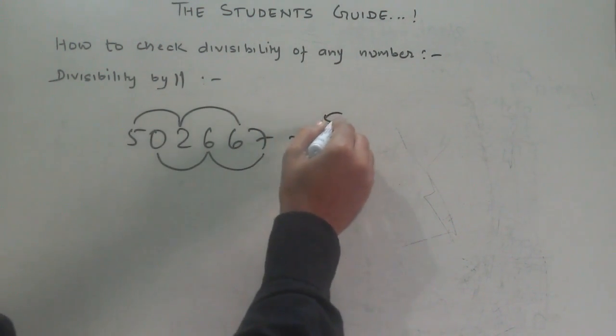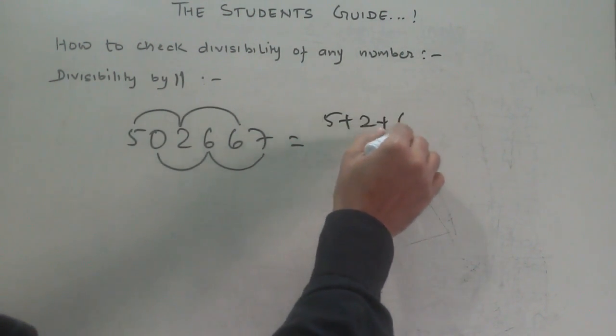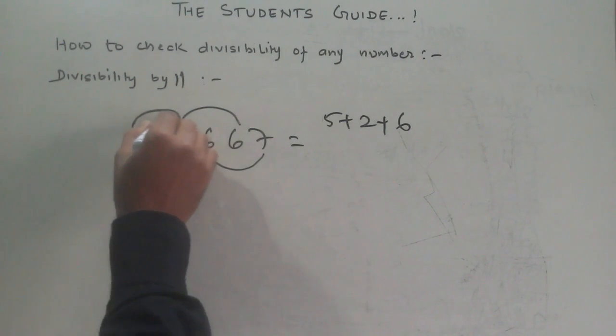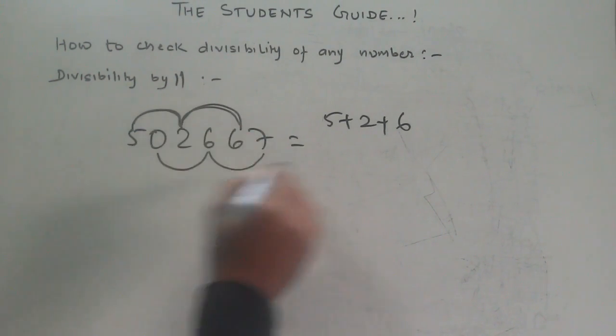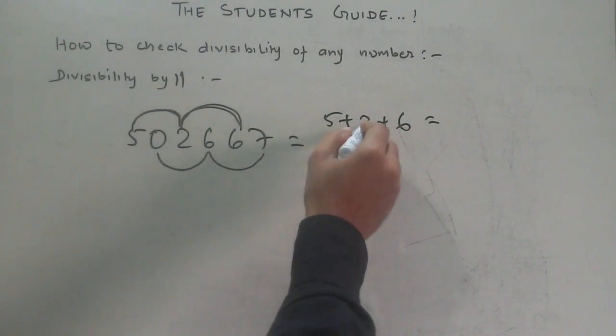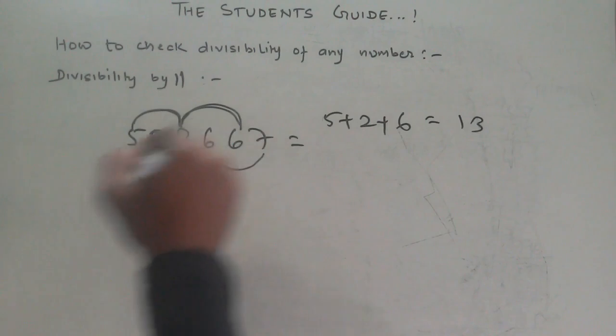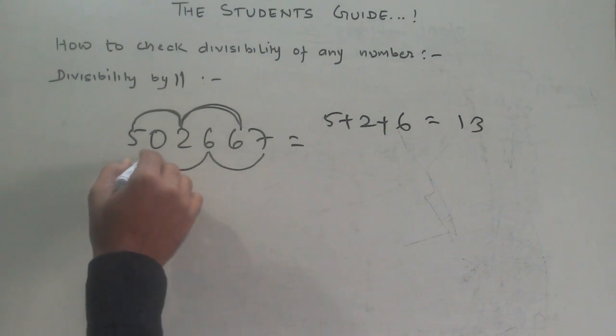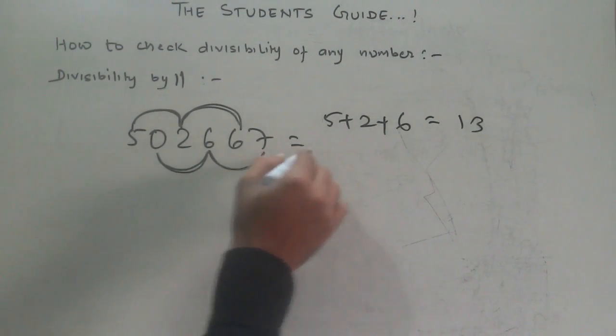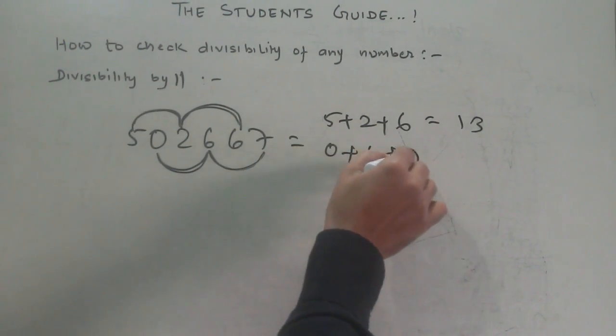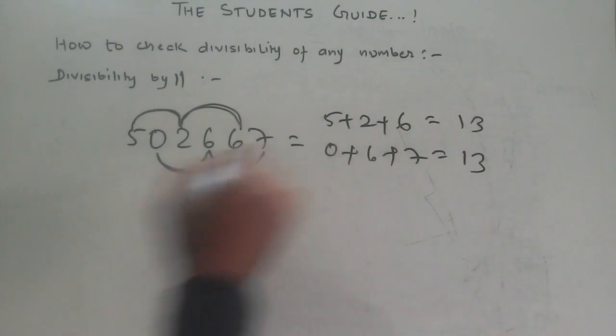First we will get 5 plus 2 plus 6. 5 plus 2 is 7, 7 plus 6 is 13. Then add the others: 0 plus 6 plus 7, this is also 13.